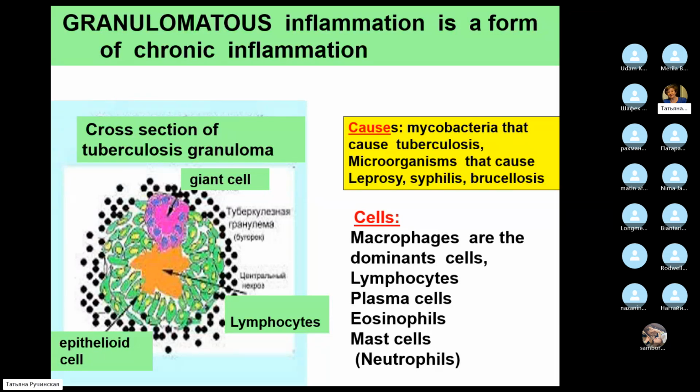Inside of granuloma, there are dead cells, this orange part. Then there are epithelioid cells surrounding this orange one, on the left part of this picture. Then there appears the giant cell.